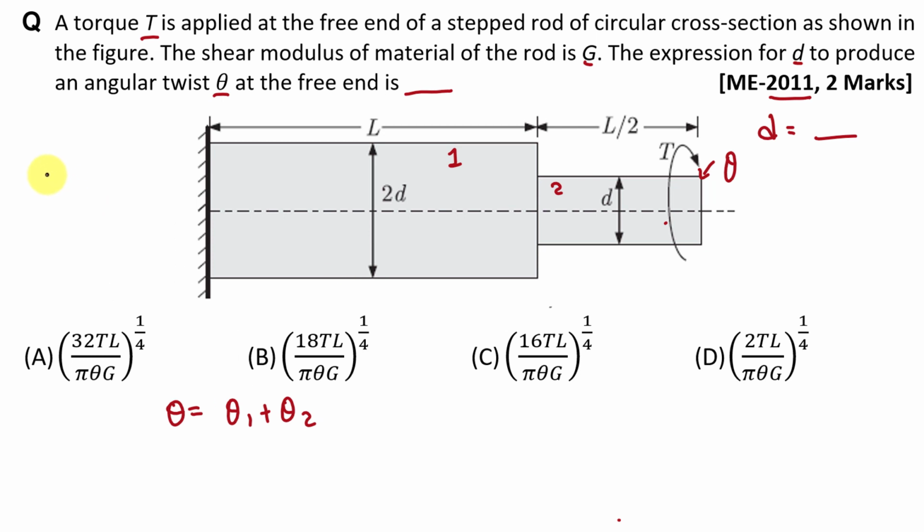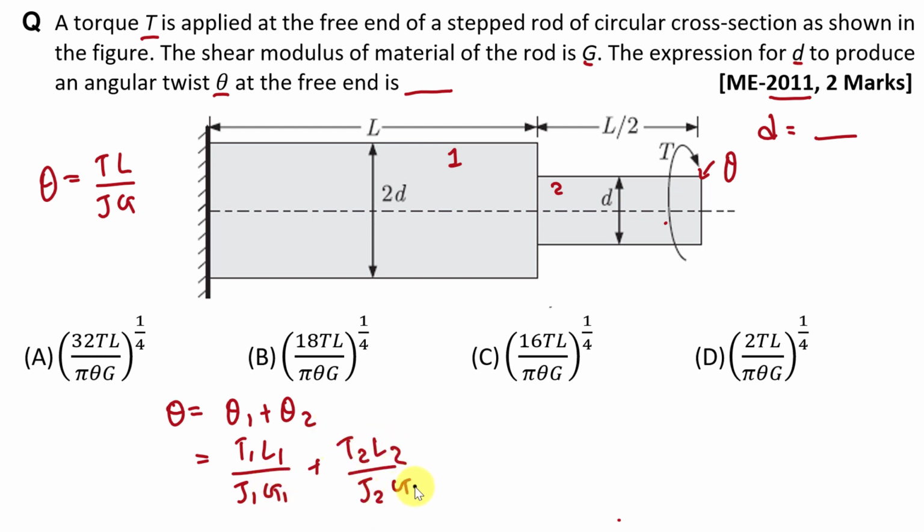And we know the equation that theta is equal to TL by JG. So here we can write that theta 1 is equal to T1L1 divided by J1G1, plus theta 2 is T2L2 divided by J2G2. Now in this expression we know the length of both shafts, and we also know the shear modulus G1 and G2, that is G for both these shafts.